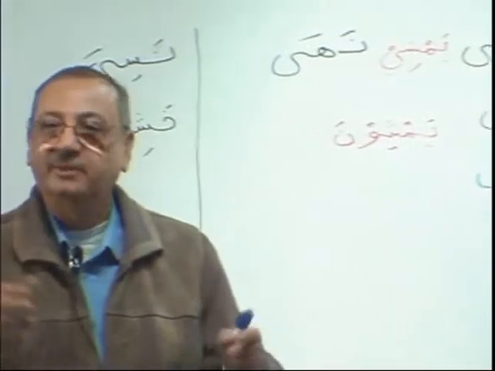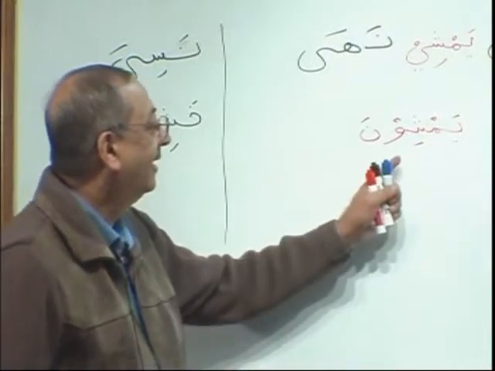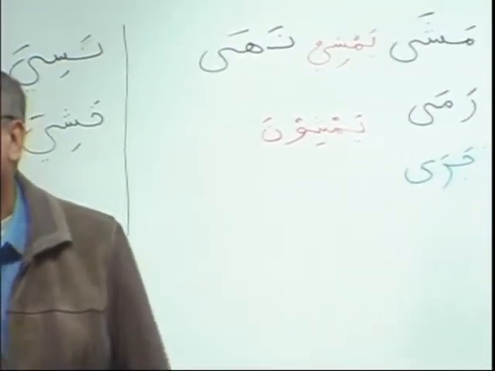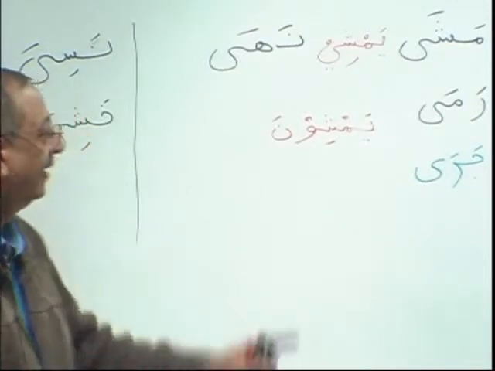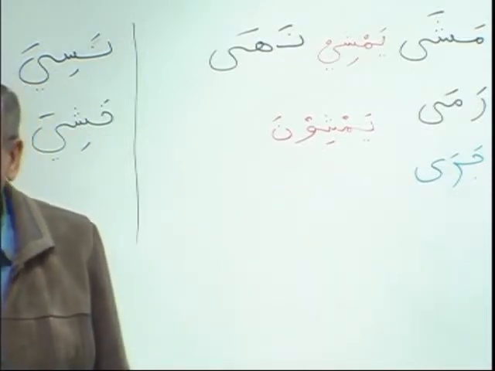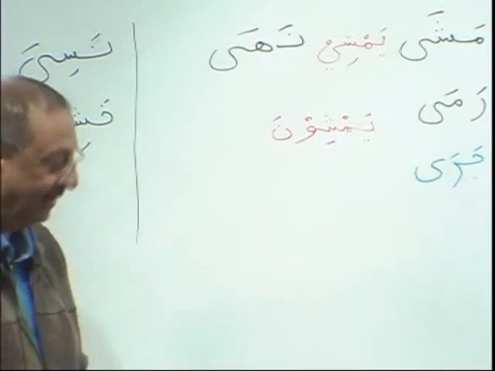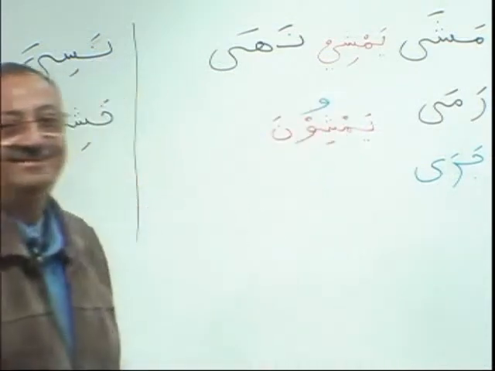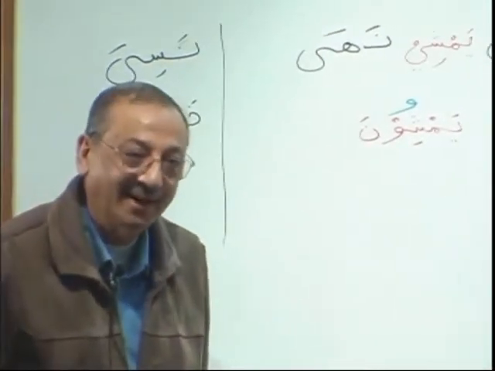Now we have to understand that the vav and the kasra are not compatible. They cannot live peacefully under one roof. And in the same way, dhamma and the ya are not compatible. They cannot live under one roof. What is not compatible? Kasra with vav and dhamma with ya. We have to change it. So, because they are not compatible, I change it, and it changes again, brother. Yamshuna.